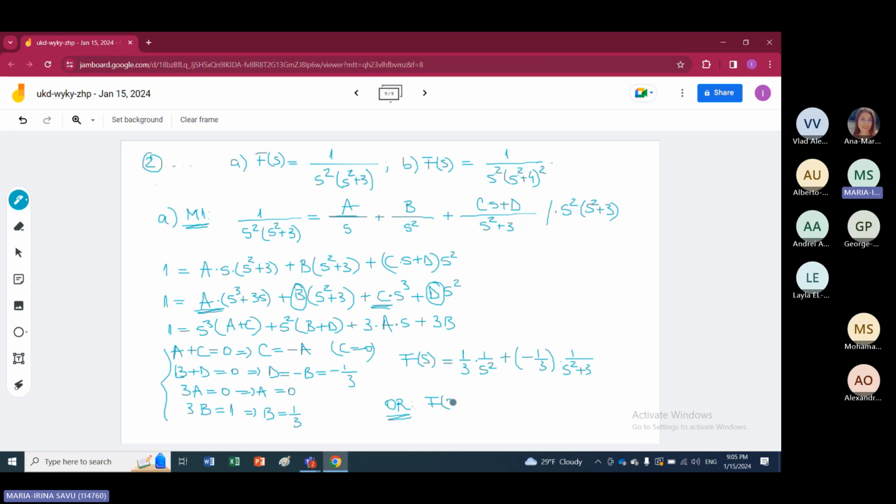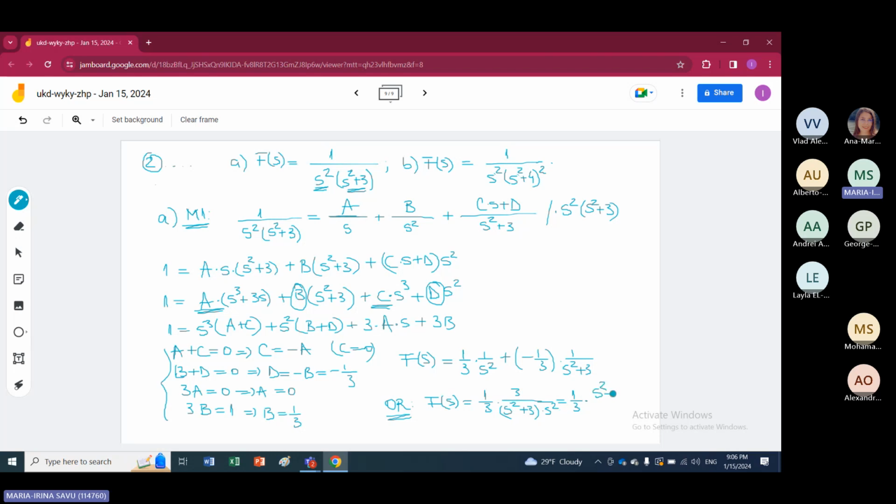Or, from the beginning, you could have written f of s in this way. This is 1 over 3 times 3 over s squared plus 3 times s squared. Because if you take here, you will see that the difference between this one and this one is 3. So if you write here 3 and put 1 over 3 in front of this fraction, you will be able to write again this 3 as a difference between s squared plus 3 and s squared.